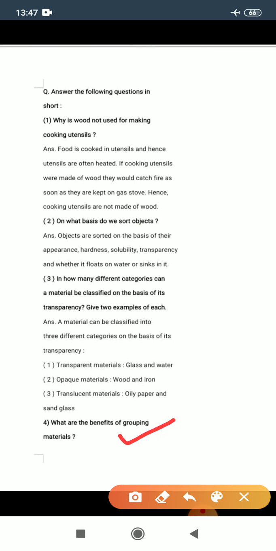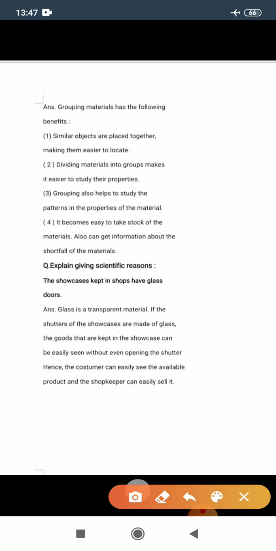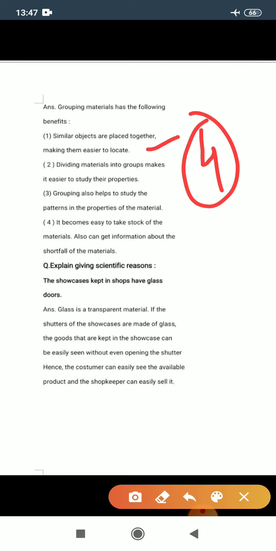Number 4 question is, what are the benefits of grouping material? So there are a total of 4 points. In point number 1, we can distribute the objects in similar groups. That is why it is easier to locate. Point number 2, dividing materials into groups makes it easier to study their properties.